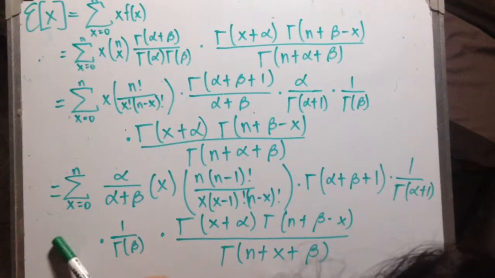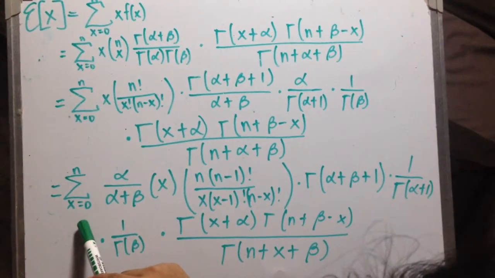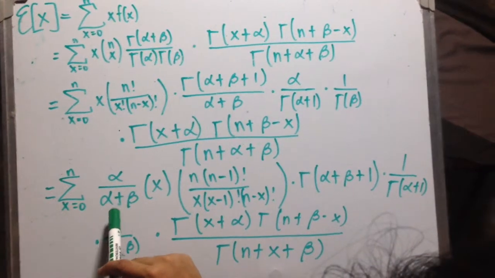So it is equal to the summation of alpha over alpha plus beta.